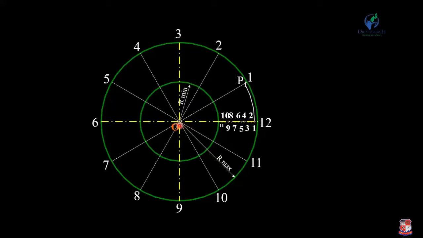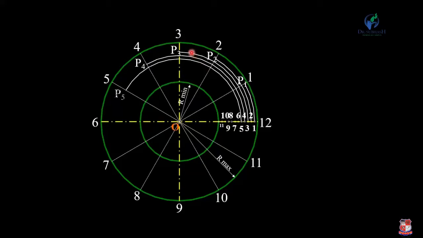Okay. Now O as a center and radius equal to O1, and draw a circle up to the line O1. So this intersection point is P1. Now O as a center, radius O2, and draw a circle, you will get the point P2.